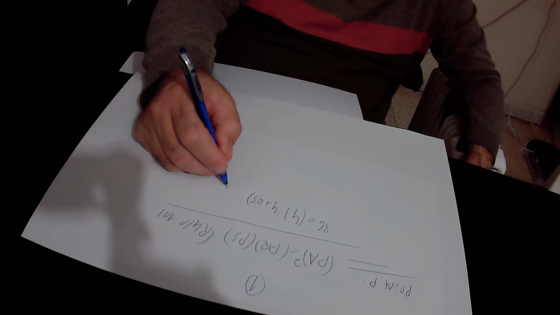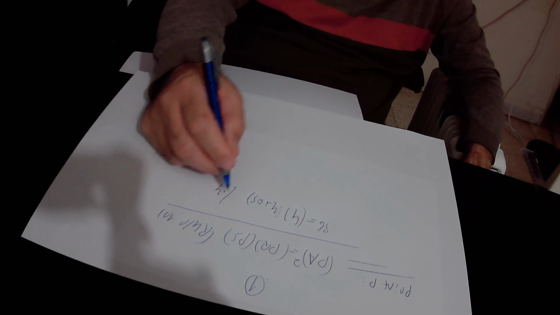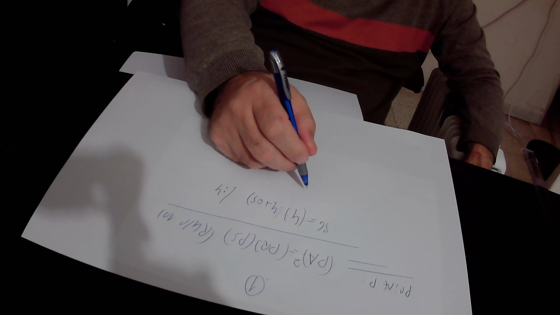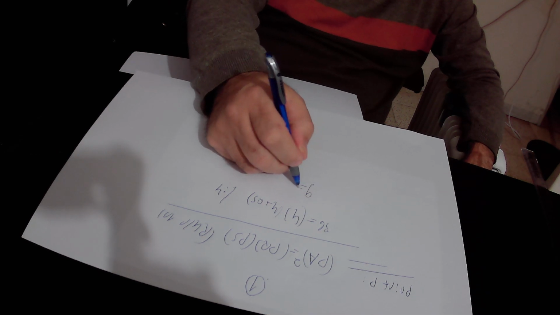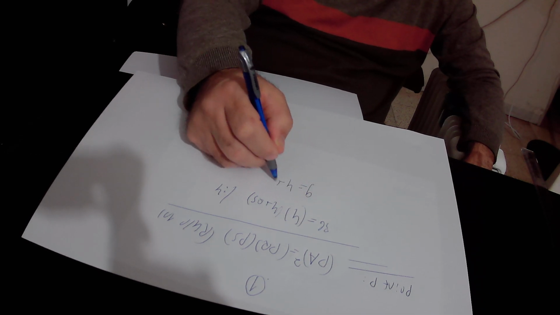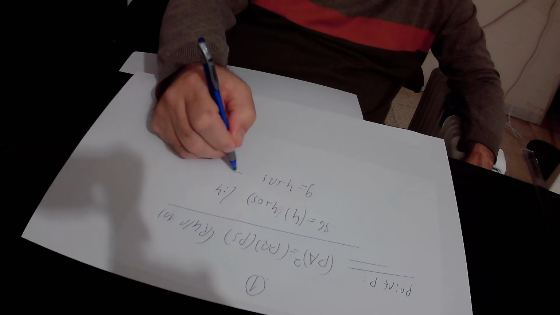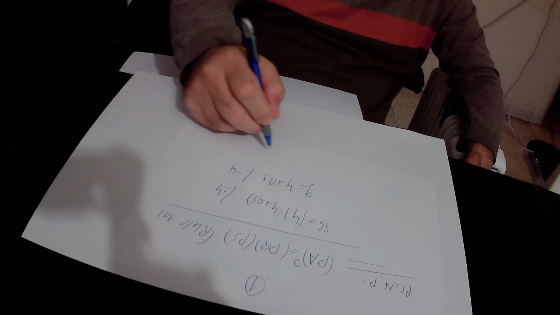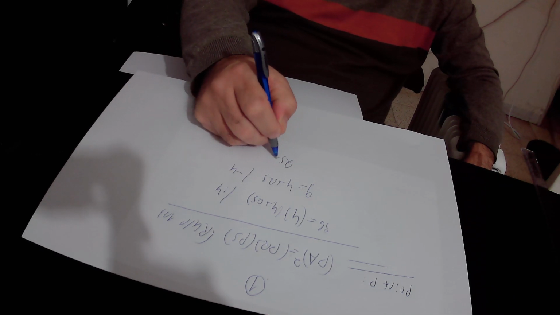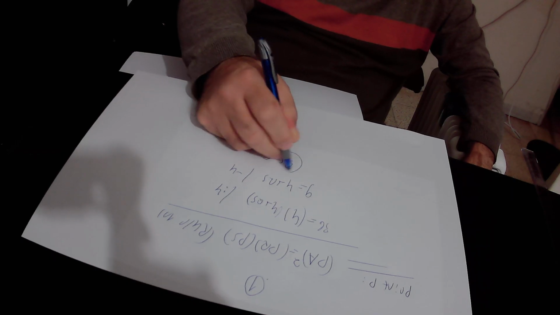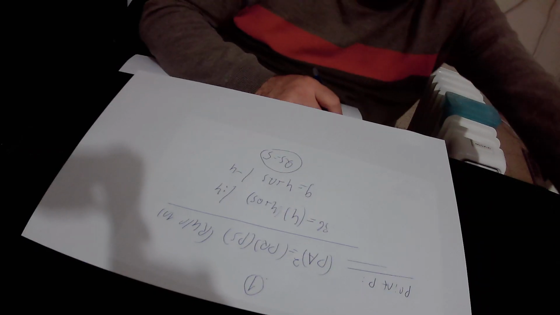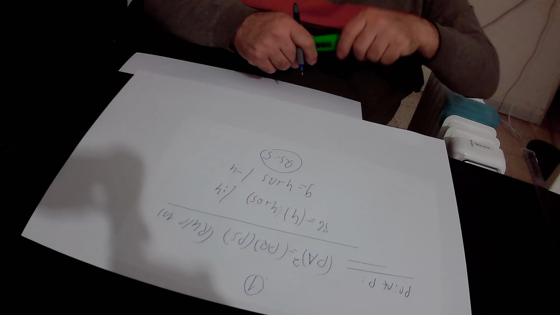Here we divide this equation by 4, and we get that 36 over 4 is 9, so 9 equals 4 plus QS. Here we subtract 4 from this equation, and we get finally that QS equals 9 minus 4, that is 5. So QS equals 5 units in length.